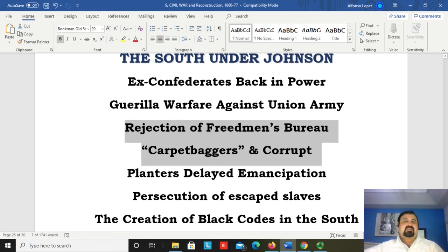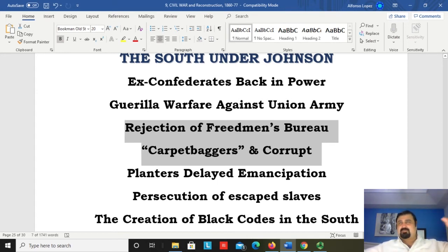And under Johnson in the South, the officers that were the administrators, those that were managing the Freedmen's Bureau, are going to be suffering from not only criticism but even from violence. They were known as the carpetbaggers.